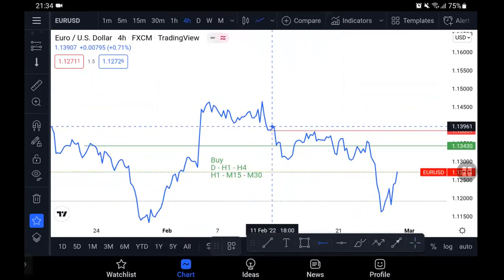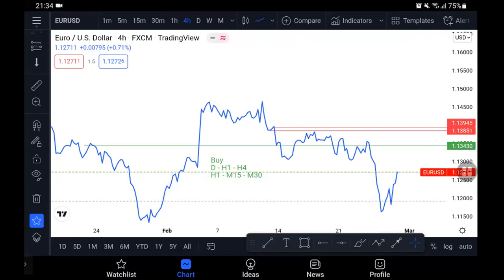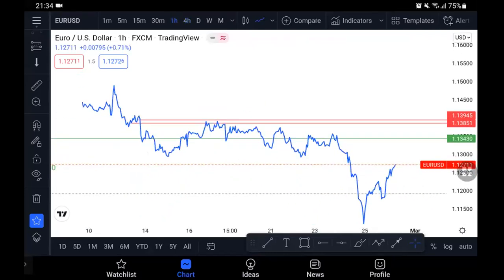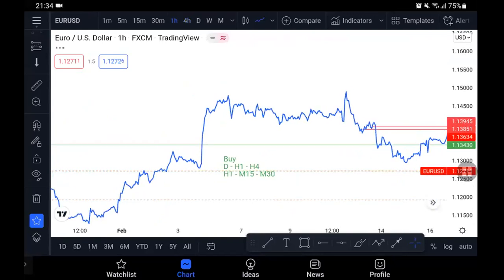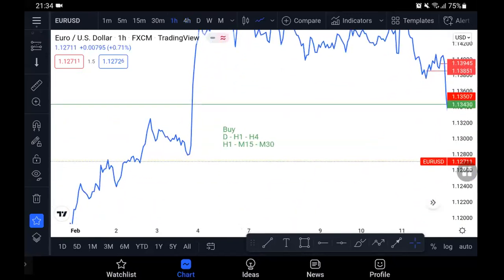Let's forget this. Yes, need to be good. So on the H1, we're gonna find our key level for the buy setup.